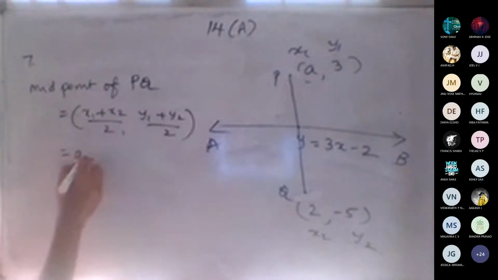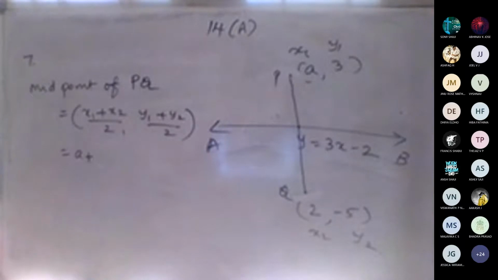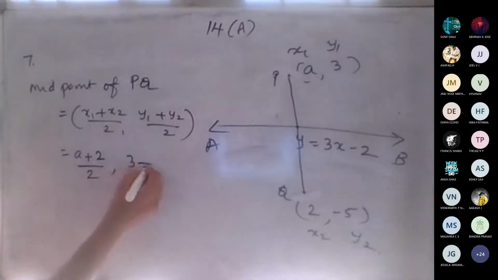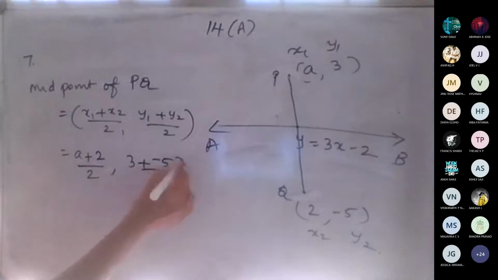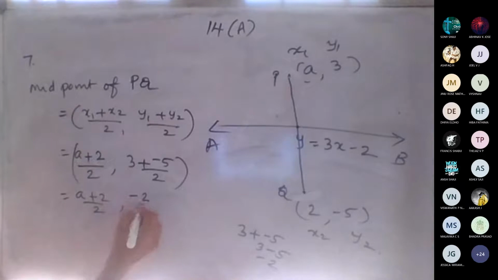So x1 is a, plus x2, by 2, y1 is 3, plus y2 negative 5, by 2. That is equal to (a plus 2) by 2, comma, 3 plus negative 5, which means 3 minus 5, which is equal to negative 2, so negative 2 by 2. (a plus 2) by 2, comma negative 1.